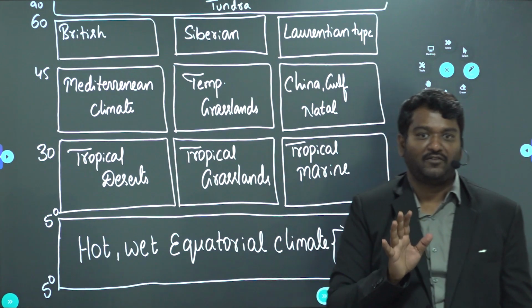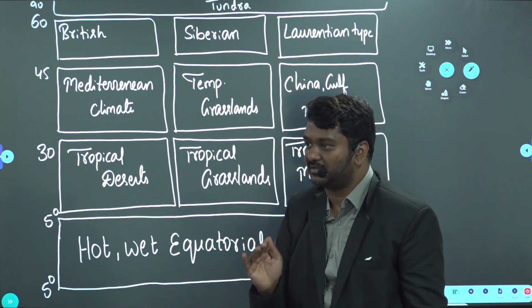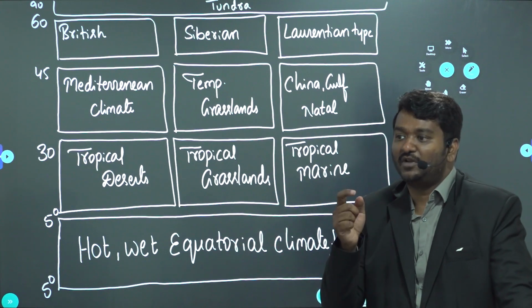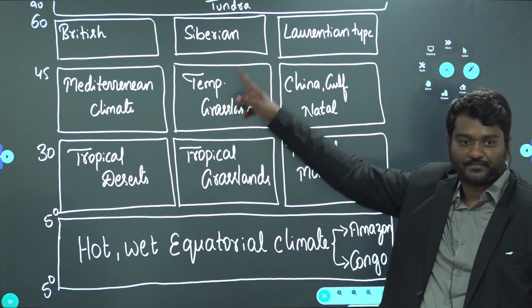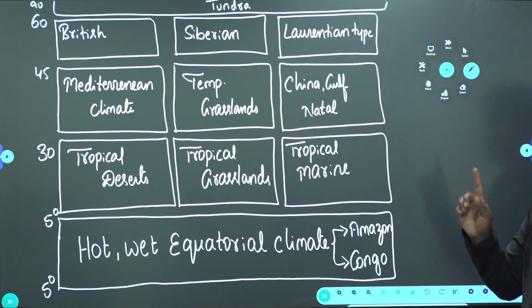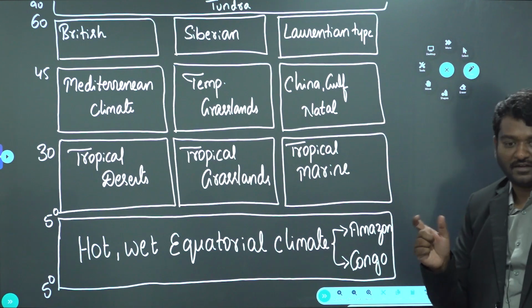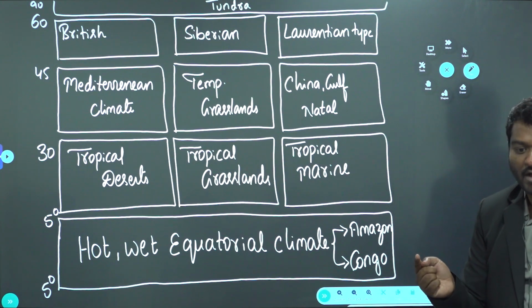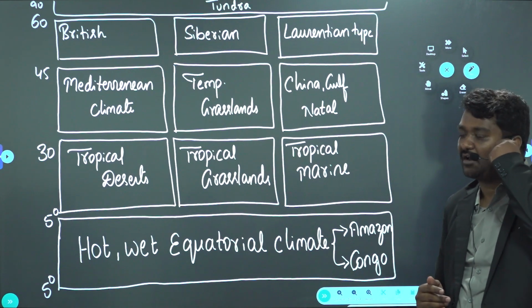Correct? Marine influence means what? Diurnal range will be less, and annual range will also be less. Which areas? Coast. Anywhere if it is coast, what is the condition? Marine conditions. Marine conditions means diurnal will be less.